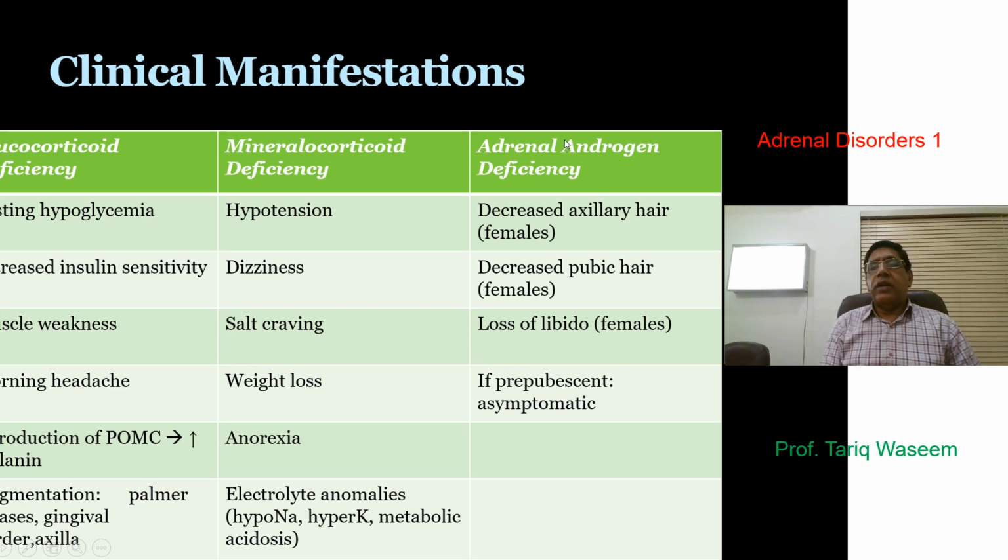Deficiency of adrenal androgens, which is more important in women particularly, would cause decreased axillary hair and decreased pubic hair, and there will be loss of libido. In men, or before puberty, they may be totally asymptomatic.